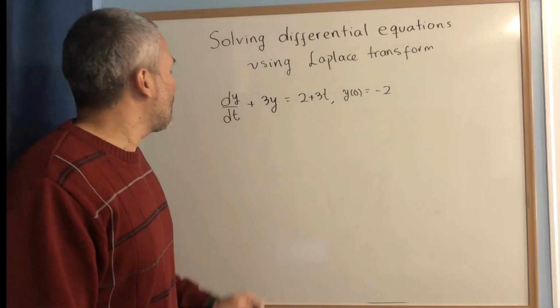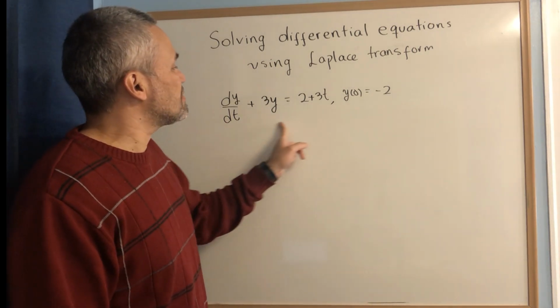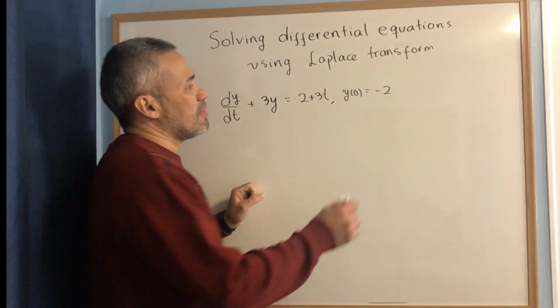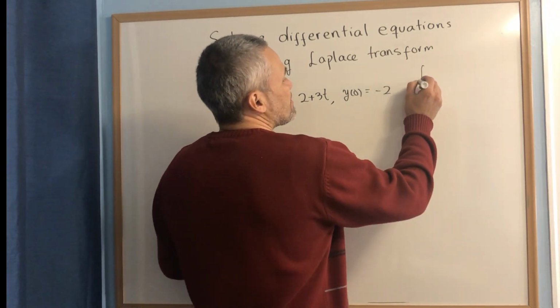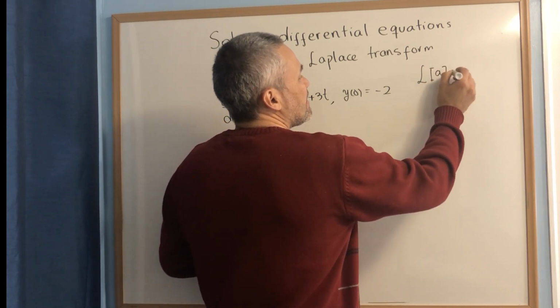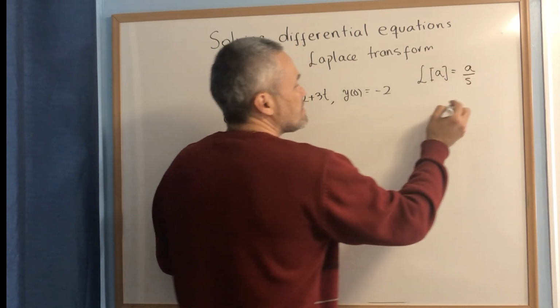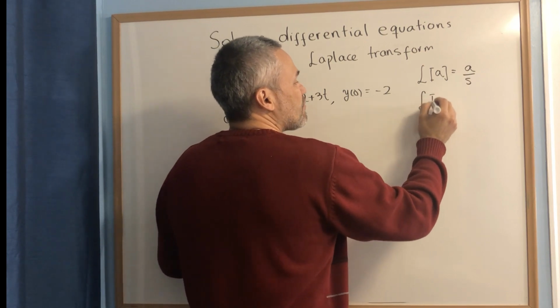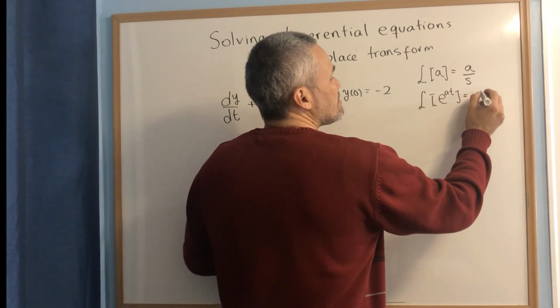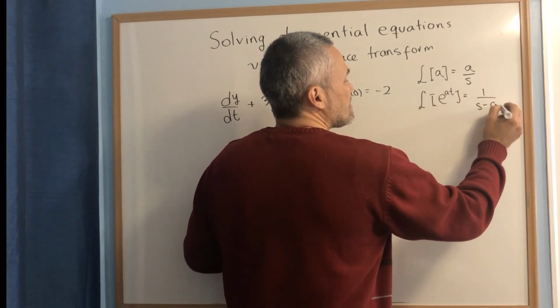In this video, we will explain how to use the Laplace transform to solve this initial value problem. Maybe before I start solving the differential equation, I would like to remind you that the Laplace transform of a is a over s. The Laplace transform of e to the at is 1 over s minus a.